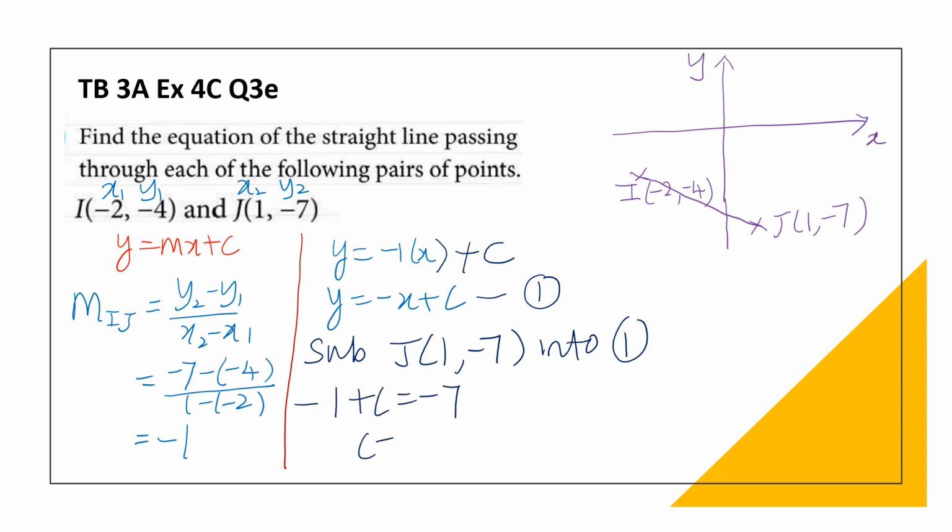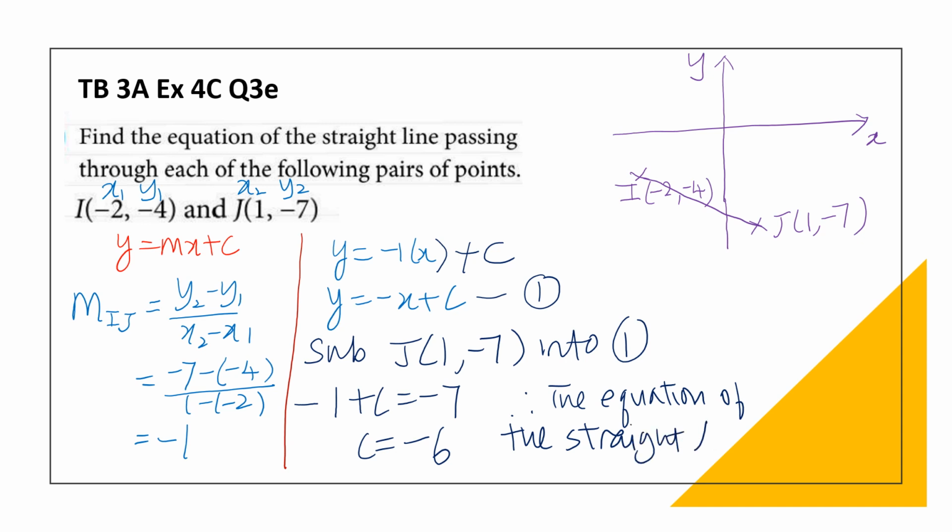So c will be -7 plus 1, that gives you -6. Therefore, the equation of the straight line is y equals -x minus 6. That's how you do it.